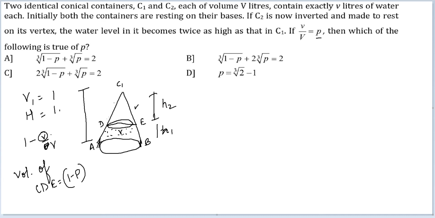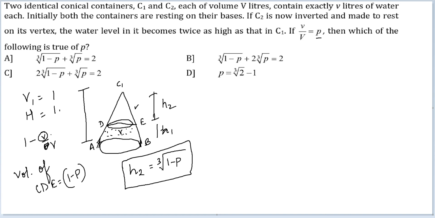Because CDE and CAB are similar cones, H2 will be nothing but cube root of 1 minus P. Whatever volume you get, the length of the sides would be in the ratio of the cube root of the ratio of volume. So H2 would be nothing but cube root of 1 minus P.